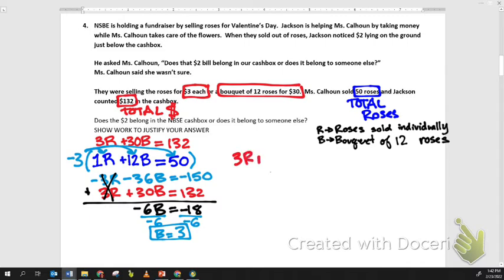So we have 3R plus 30, and we'll put our B value in, so 3, equals 132.